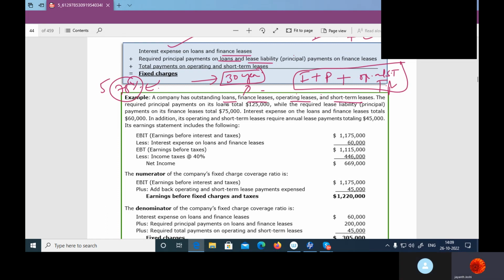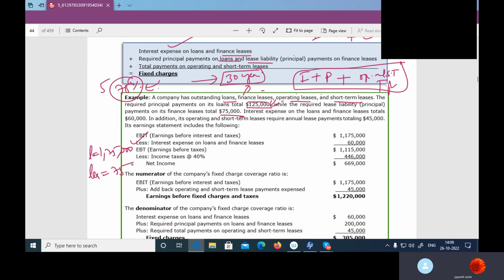So the required principal payments on its loans amount to this much, this is the principal element, while the required lease liability payments on finance lease is 75,000. So on loan how much do they have to pay? 1,25,000 on loan, this is the principal element, and on lease the principal element is 75,000.